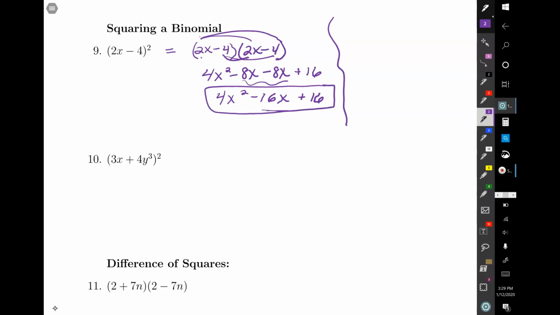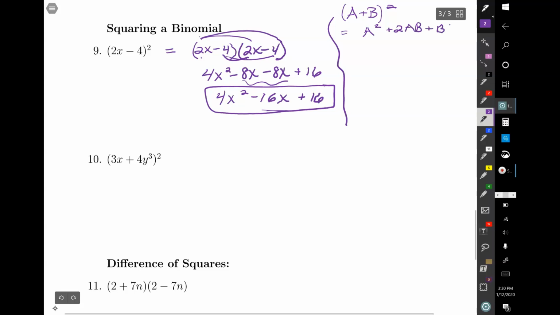So using the formula, we should have the same answer. A lot of times they do it as a capital (A plus B) squared, and that would be equal to A squared, whatever's in there. And if it's an expression like we have, we have to square both factors, plus 2 times AB plus B squared.